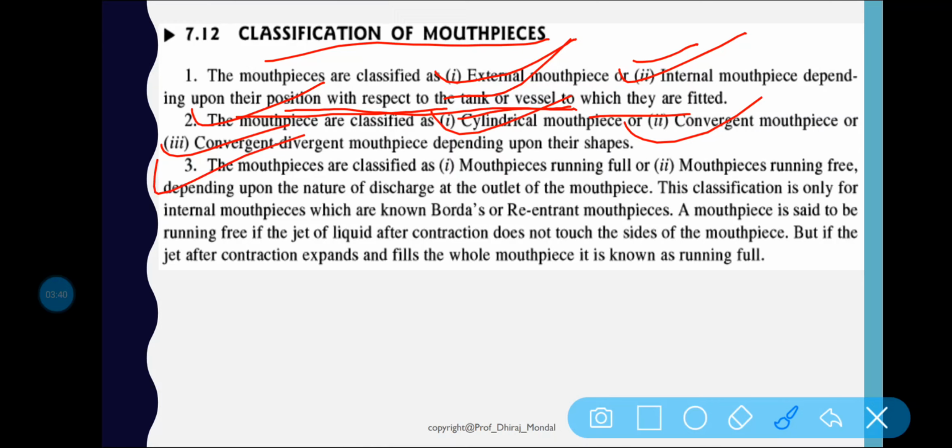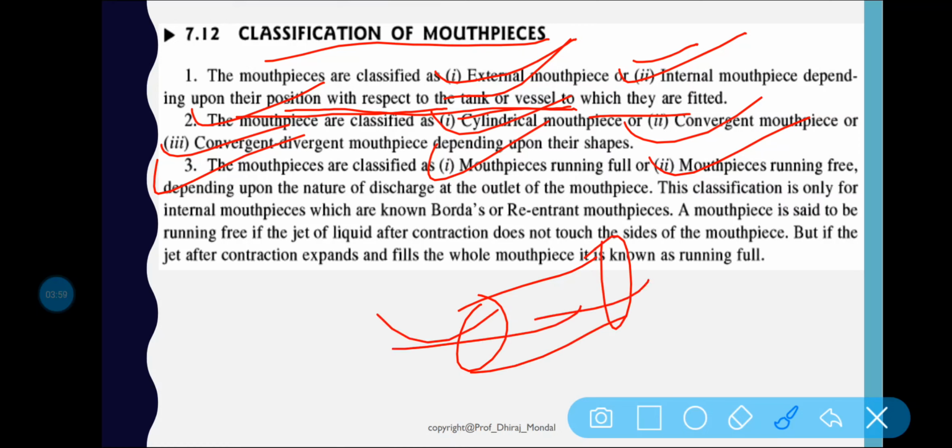The mouthpiece is again classified as mouthpiece running full or mouthpiece running free, depending upon the nature of discharge at the outlet of the mouthpiece. Running full means that when it is flowing, the water flows through the pipe and it is totally full of water. Sometimes the mouthpiece runs free, that means it is not full of water.